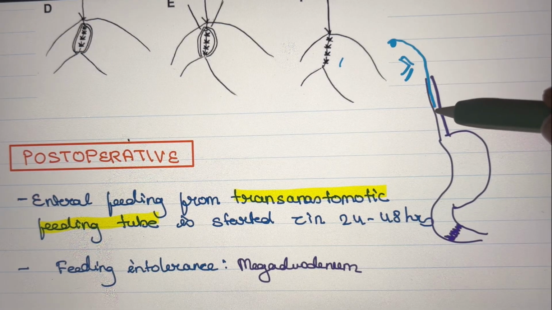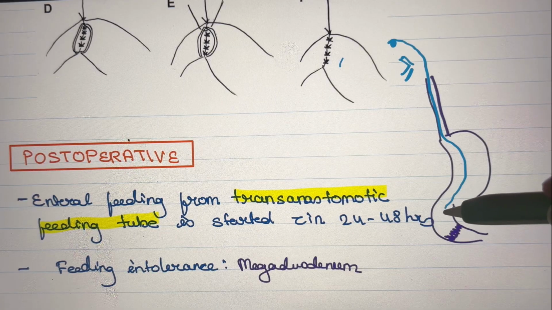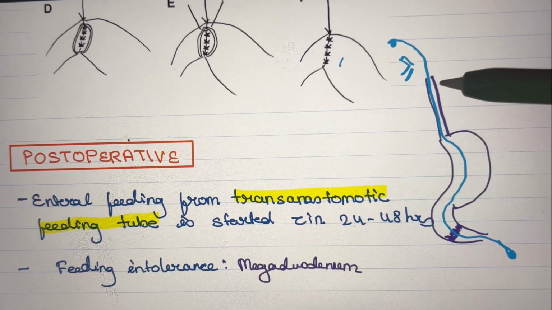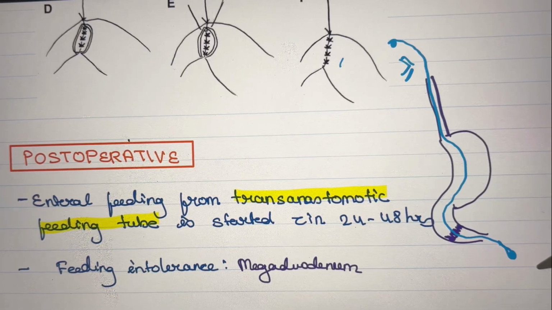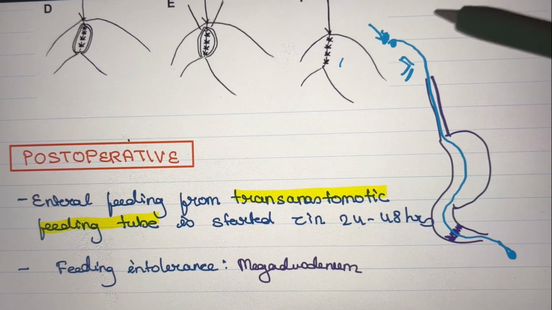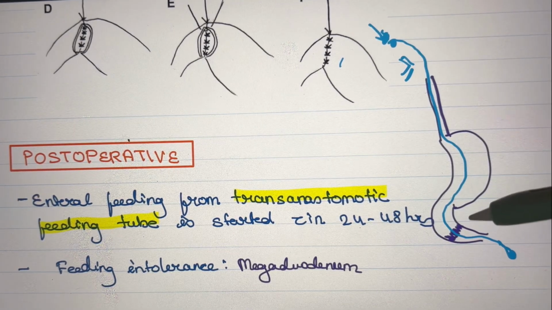It passes from the esophagus, goes to the stomach, goes to the pylorus. Then we cross this anastomotic junction and place the Ryle's tube here. This is trans-anastomotic, like distal to the anastomotic site. Then we can start feeding. We can give milk or water from the Ryle's tube, and we can start the feeding.